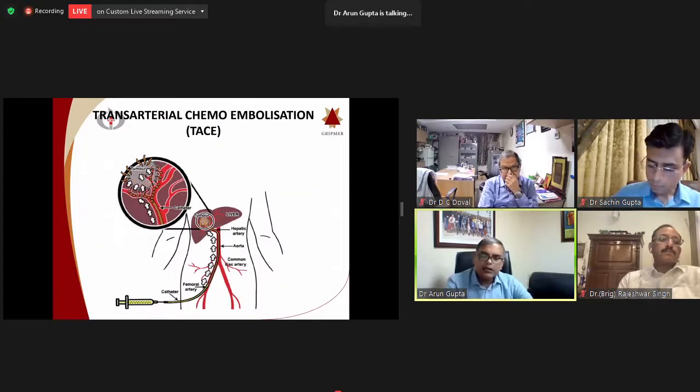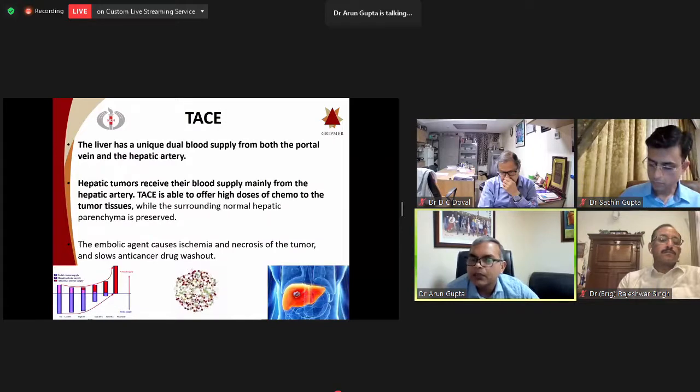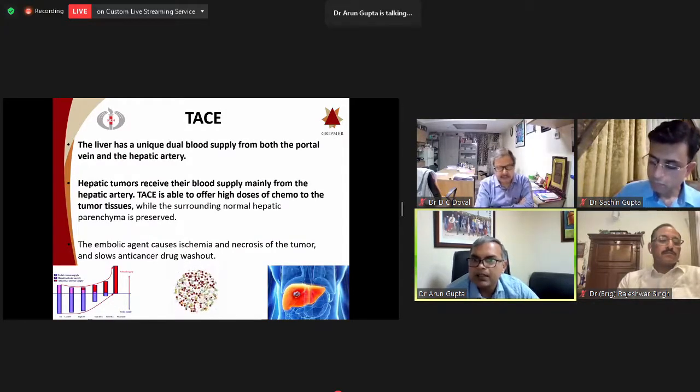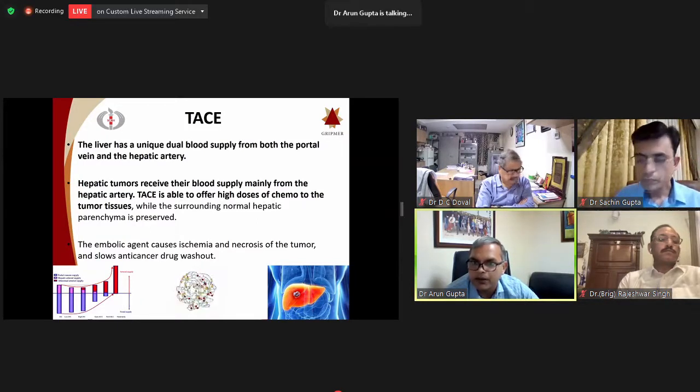Coming to the transarterial therapies, basically the transarterial chemoembolization, we all know we have to inject the chemo-loaded emulsion or the particles in which the chemotherapy is absorbed into the artery of the tumor. We all have discussed that the tumor gets primarily blood supply from the hepatic artery.